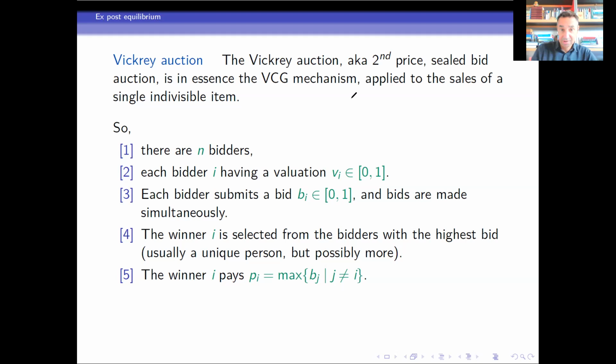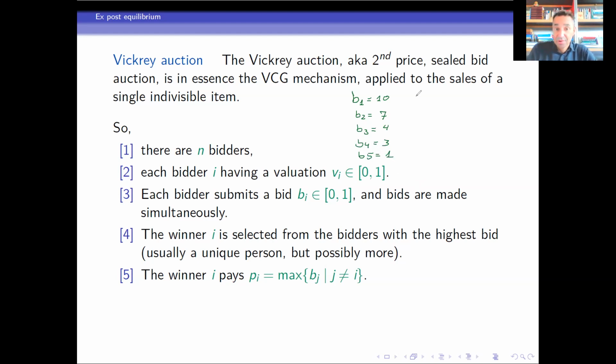So, for example, let's say the valuations are, well, maybe I can explain it in terms of bids. Let's say there are 5 bidders and these are their bids.